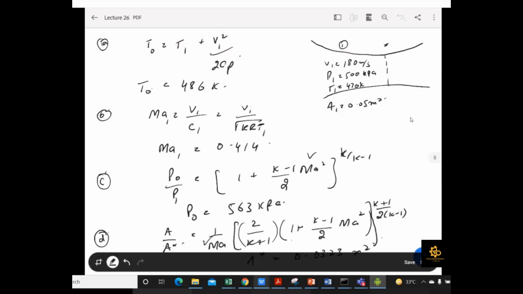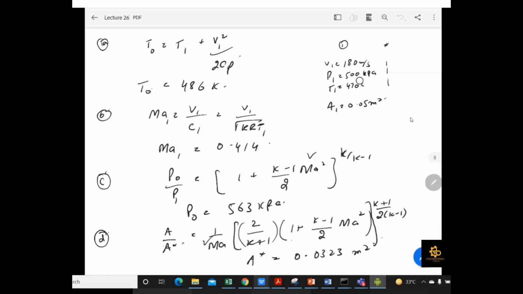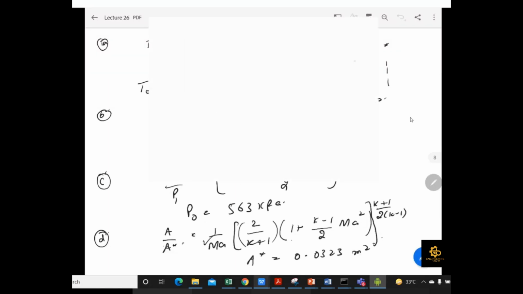Now we have to find the mass flow rate also. Since it is the throat area, we have the maximum mass flow rate, so you can simply apply the relation for the maximum flow rate from previous knowledge.